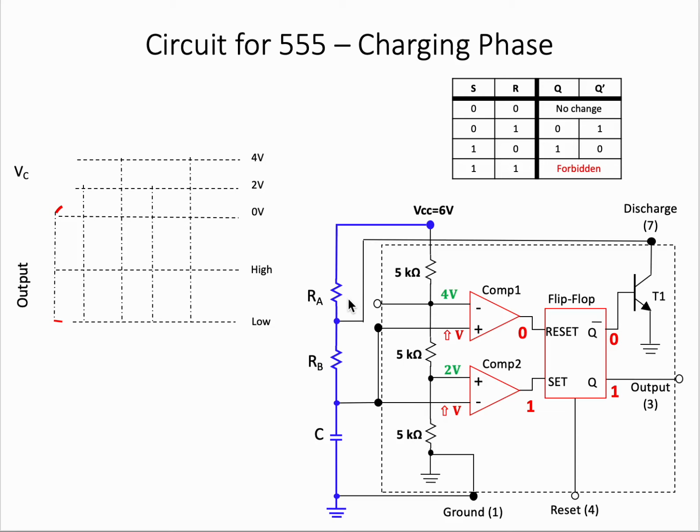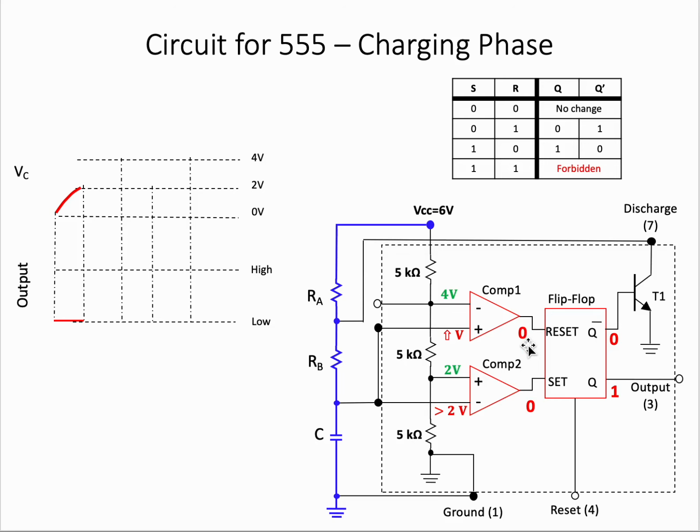All right, when the charging phase starts, the capacitor starts charging from the power supply through RA and RB. When the capacitor voltage reaches 1/3 of the VCC, which is 2 volts, comparator 2 triggers and goes to 0.